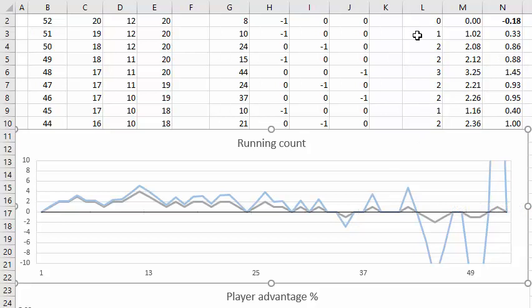Okay, now that you've got the true count, how do you find out your advantage? Well, for each +1 of the true count, your player advantage increases by approximately 1/2 of 1%. That gives you your player advantage, and I've plotted that in a graph. Let's scroll down here.